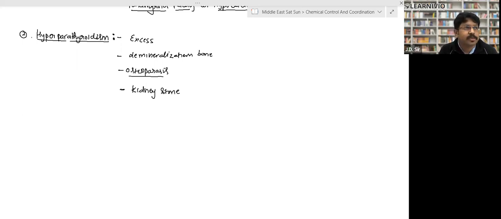So osteoporosis is very common in old age people, and more common in females because of calcium deficiency. Even apart from hyperparathyroidism, if someone is not taking calcium in their food, that person may also get osteoporosis.